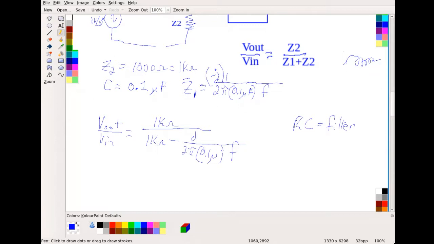Well, RC filters are great for two main reasons, at least. Number one is inductors are expensive. Remember, inductors are made up of coils of copper wire, and copper is expensive, and every day copper is getting more and more expensive. Capacitors and resistors in comparison to inductors are much, much cheaper.